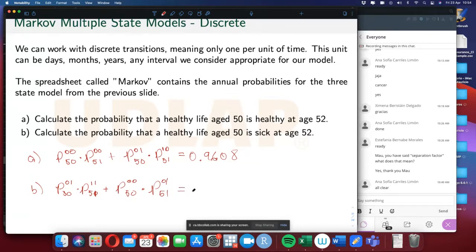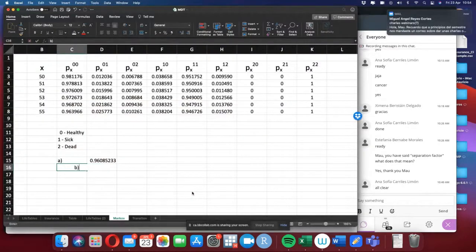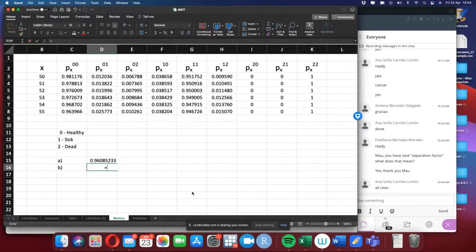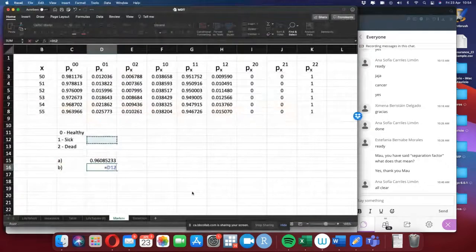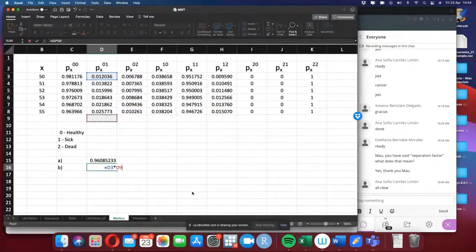Okay, I think that's it, right? This is from 0 to 1 times 1 to 1 plus 0, 0 times 0, 1, right?